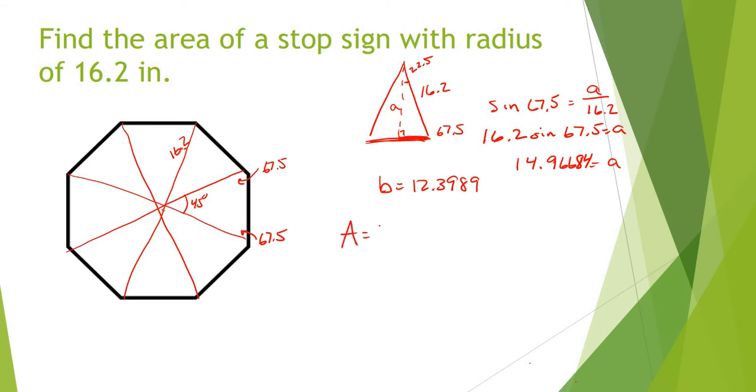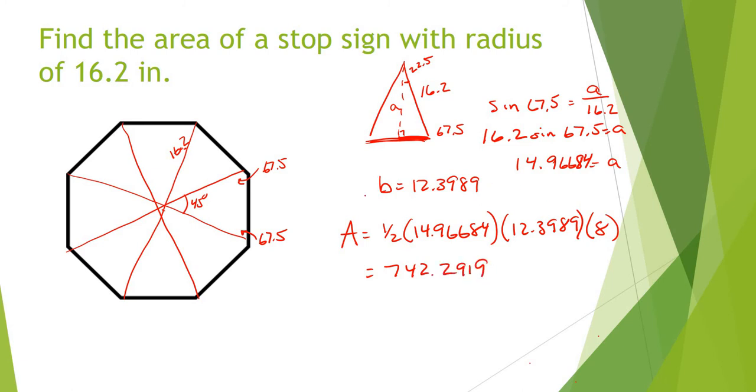So using my area formula, I found the perimeter to be the base times 8. So using 1/2 the apothem times the perimeter, 12.3989 times my 8 sides. And my total area was 742.2919.